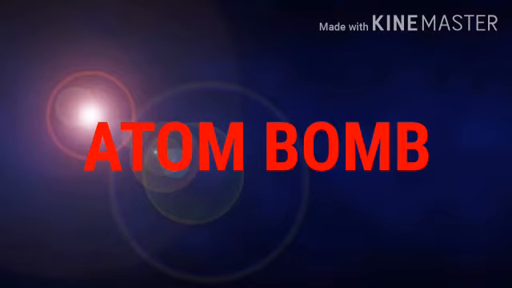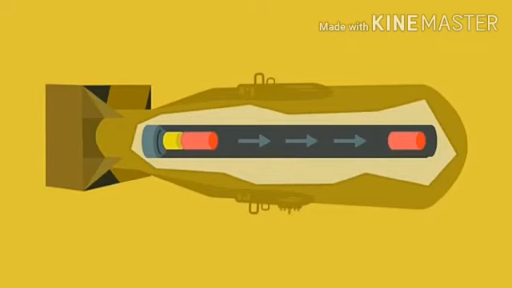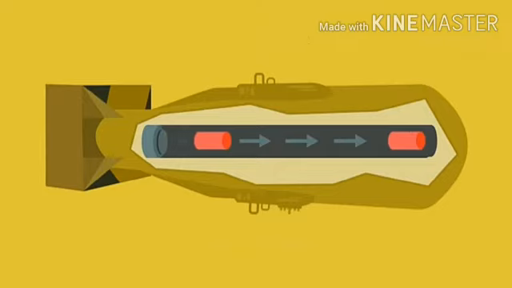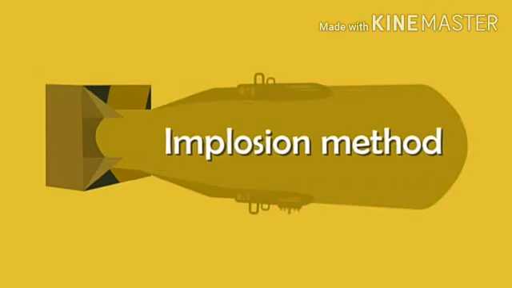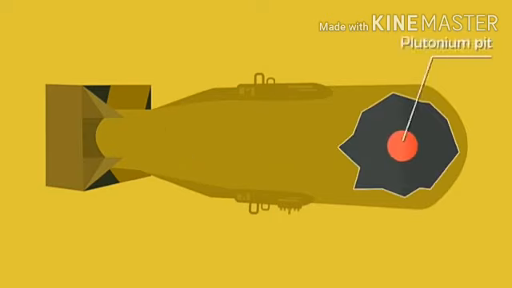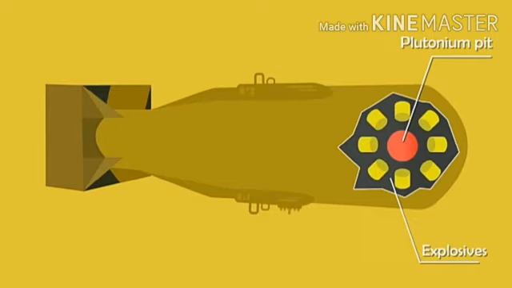Next, atom bomb. An atom bomb is made based on the principle of uncontrolled chain reaction. An atom bomb consists of fissile material contained in a cylindrical void. When the bomb is exploded, the cylinder is injected into the void, and the two pieces of fissile material join together and form a supercritical mass, which leads to explosion.